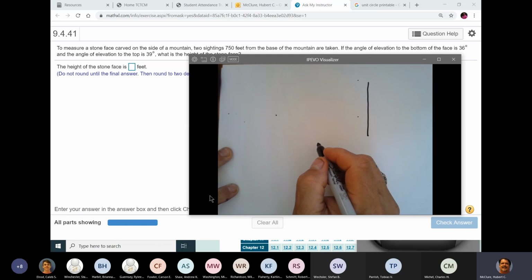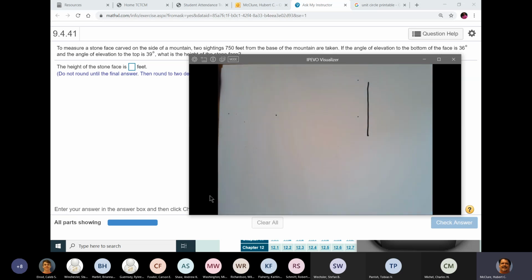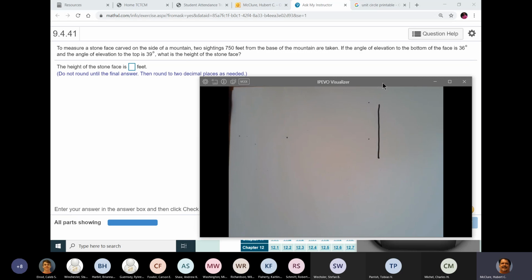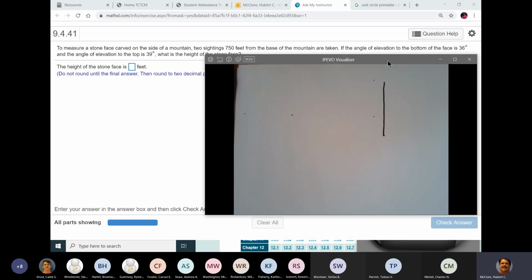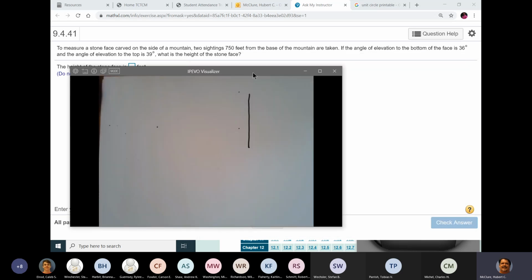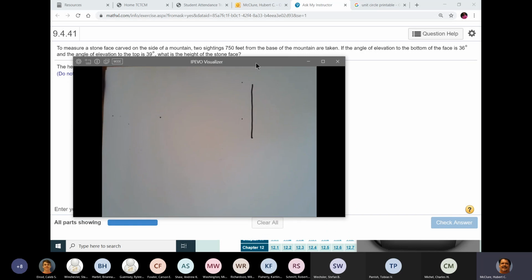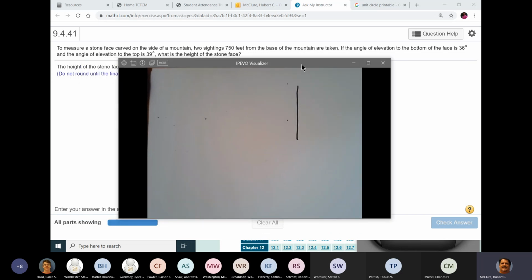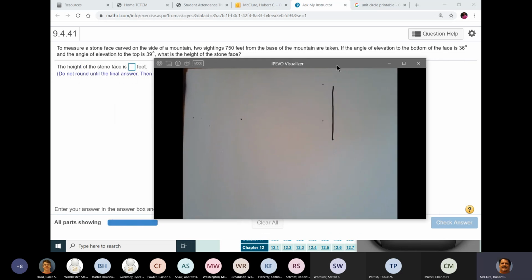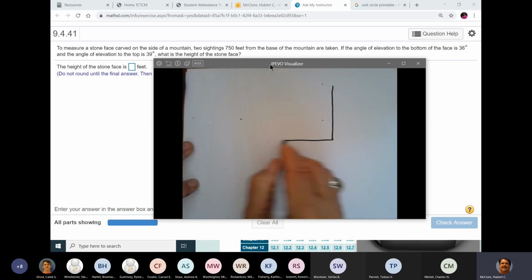If the angle of elevation to the bottom of the face is 36 and the angle of elevation to the top is 39, what is the height of the stone face? Okay, 750 feet from here.